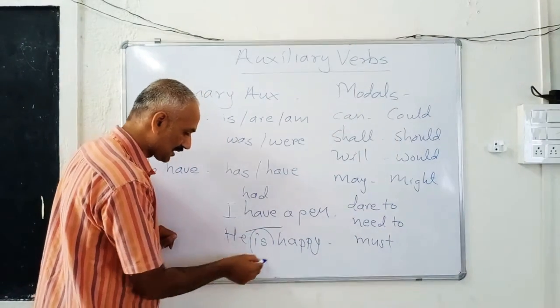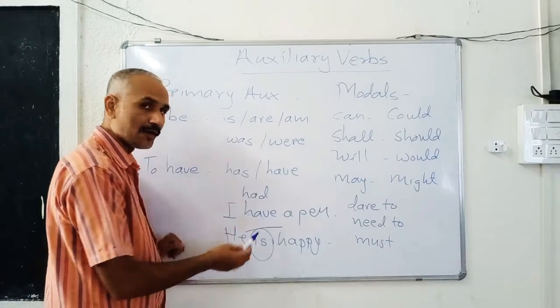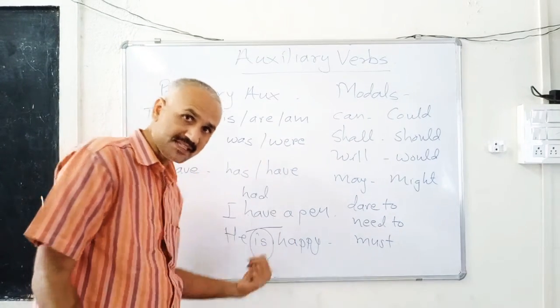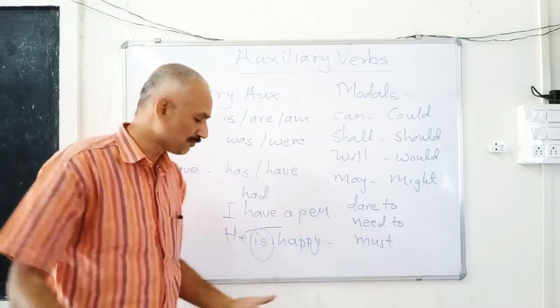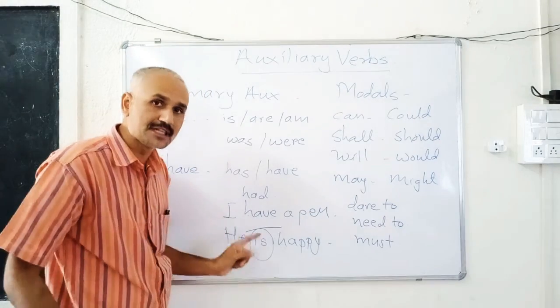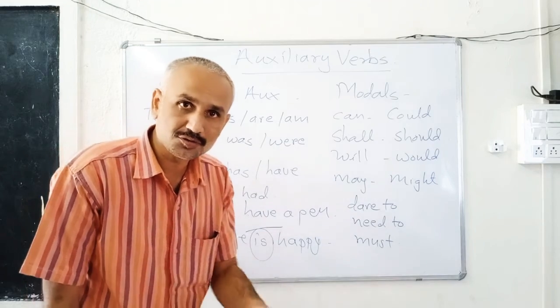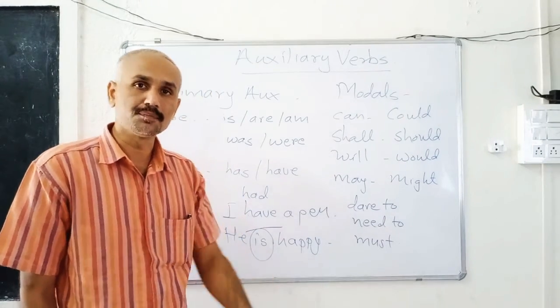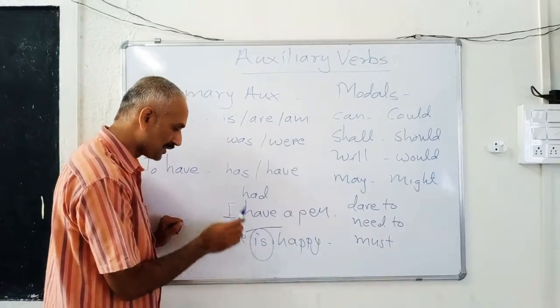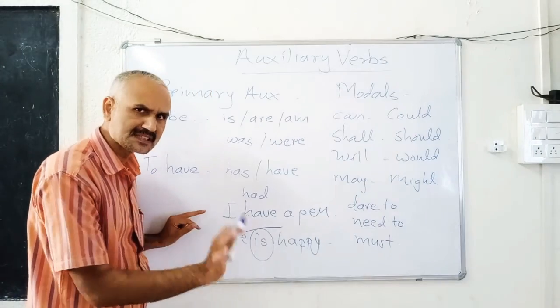Now try to concentrate. Is and have are auxiliary verbs, but here there is no main verb. So if there is no main verb, then naturally this auxiliary verb comes in order to support you and it functions as a main verb. So here we can understand that these are simple present tense.